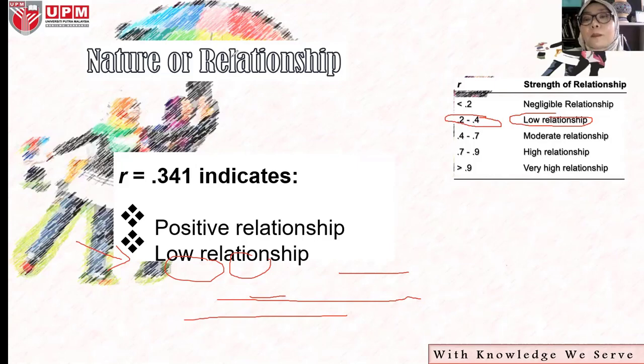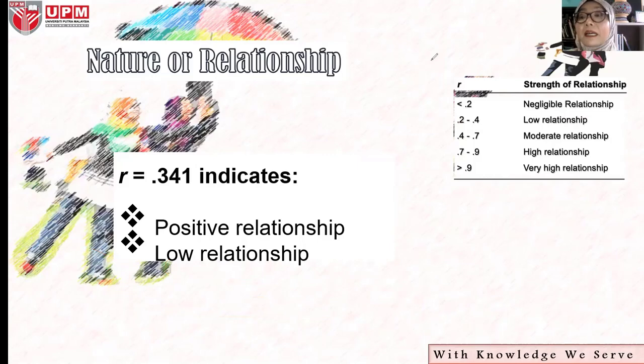It is not compulsory, but it is recommended because most of the time when we report the R value, we want to know specifically what is the direction of the relationship, and what is the strength of the relationship. So by having the strength and direction of the relationship, we add more meaning to our findings. Kita masukkan, we can interpret more based on our finding.